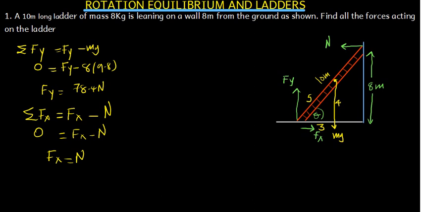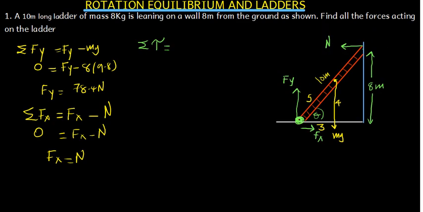Now let's consider torques, because this thing is able to rotate. Now the net torque acting on this object, we are going to take this point, the very down, as a fixed point. So first we are going to consider at the very end, what are the torques going in this direction. So we can see there is a normal force there which will be causing motion in that direction.